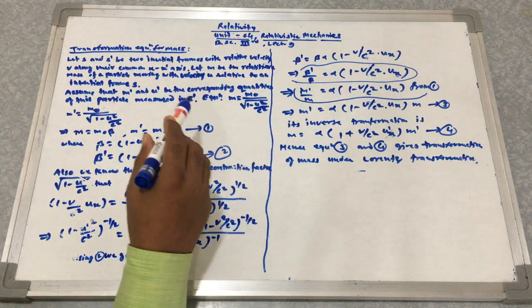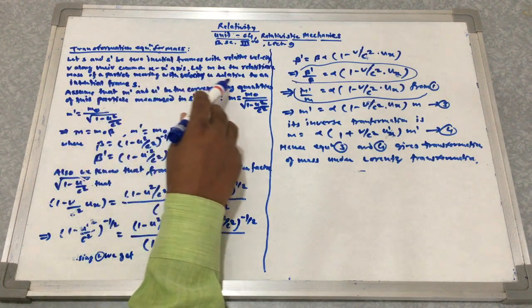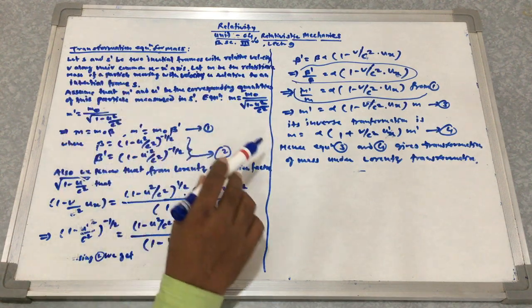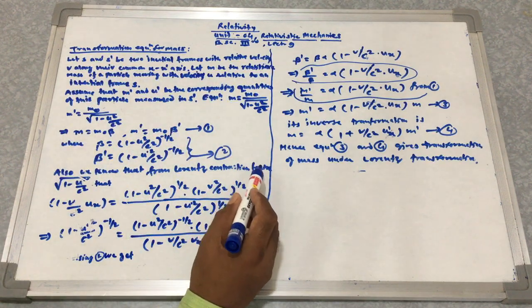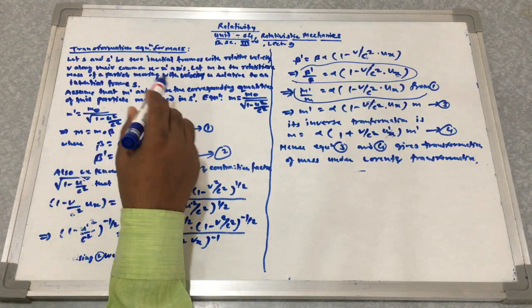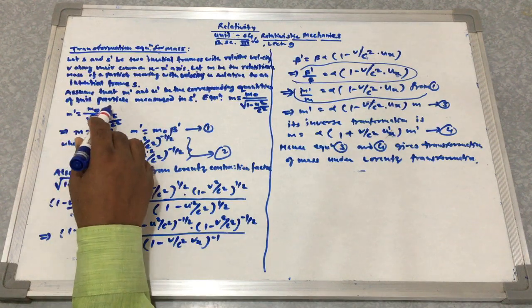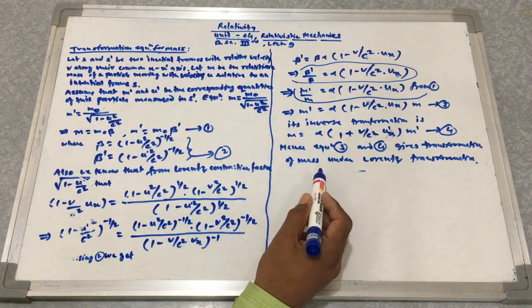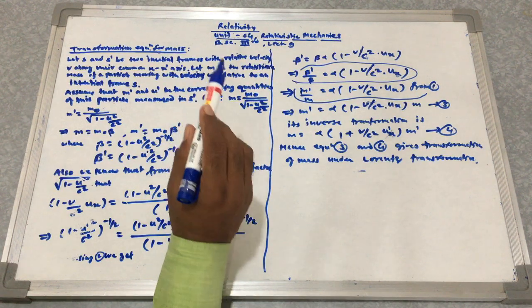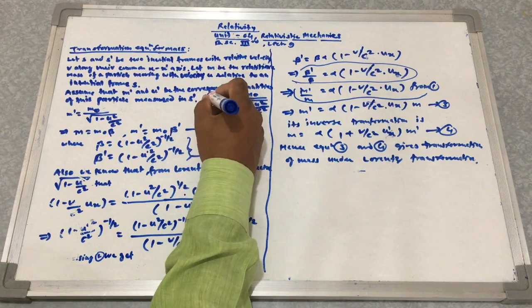Let m be the relativistic mass of a particle moving with velocity u relative to the inertial frame S. Assume that m dash and u dash are the corresponding quantities, the velocities of the particle measured in the S dash system.